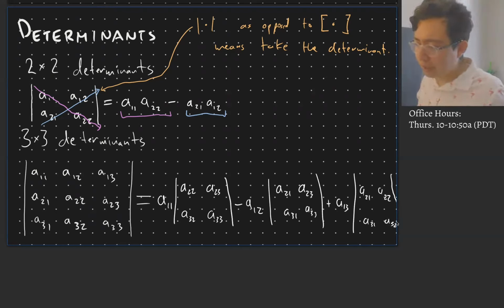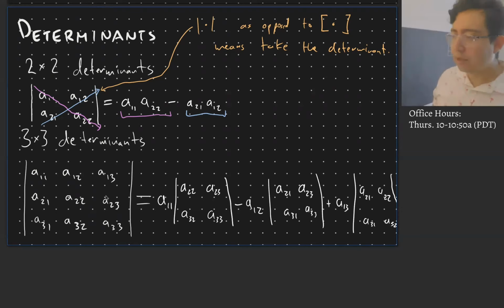Running out of space there, but hopefully you can see that. So the sign here is alternating: plus, minus, plus.